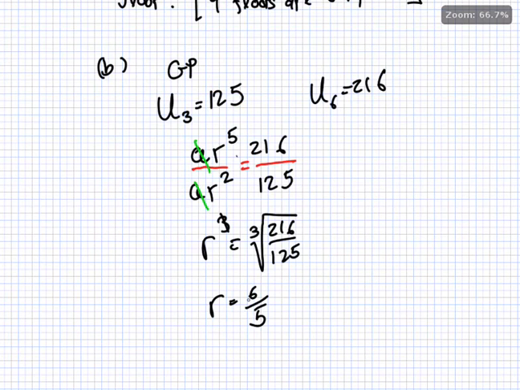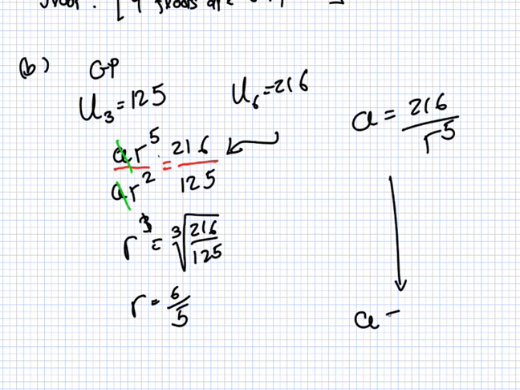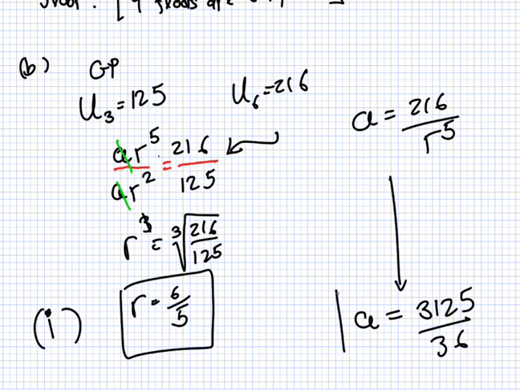Now, how can I find the a? Well, I can sub it back into, say, the first one. You can say a equals 216 over r to the power 5. So then you'll get a equals a weird fraction, 3125 over 36. So I have my r and I have my a.